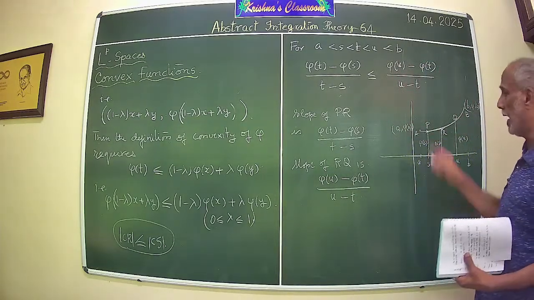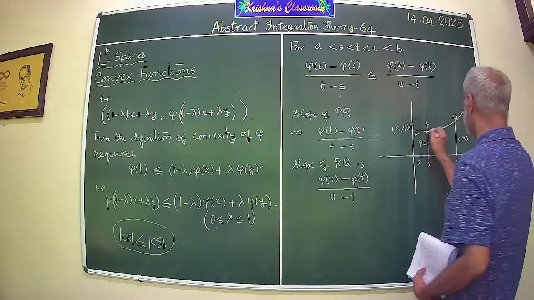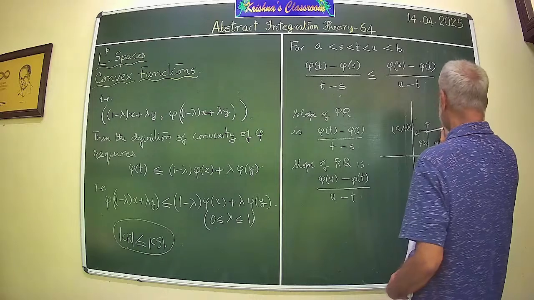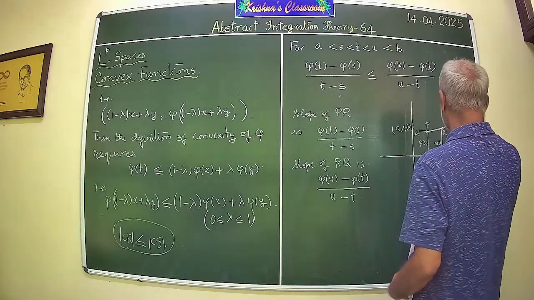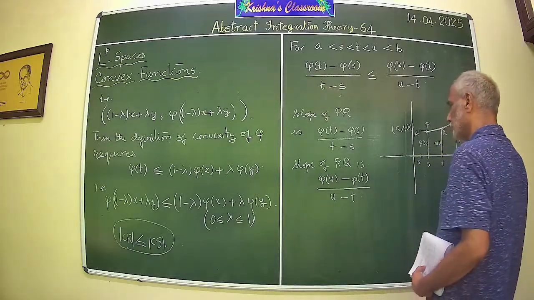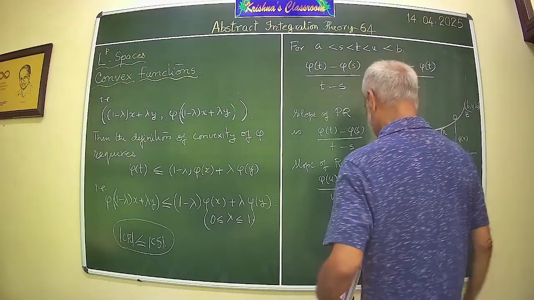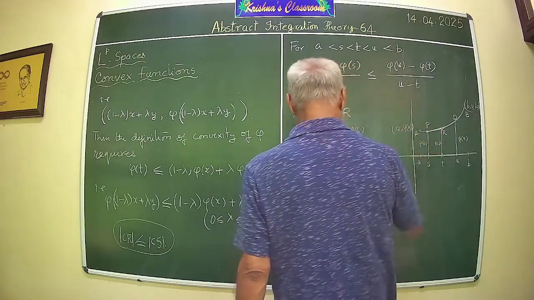So what you ask for is that the slope of the line PR is less than or equal to the slope of the line RQ, or it actually bends upwards.